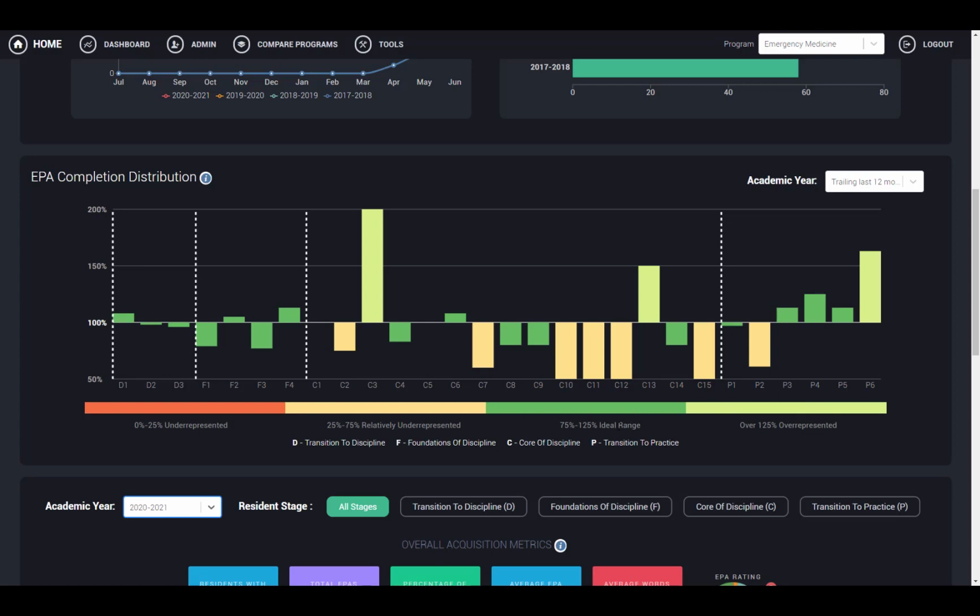Those completed at 75 to 125% of the expected rate are green. Those less than 75% are yellow. And those less than 25% are colored red. A lighter green was chosen for the overrepresented EPAs because of the opportunity costs associated with completing extra of those EPAs relative to the ones that are underrepresented.